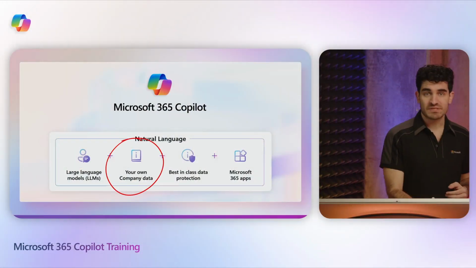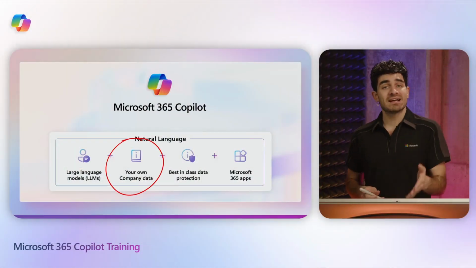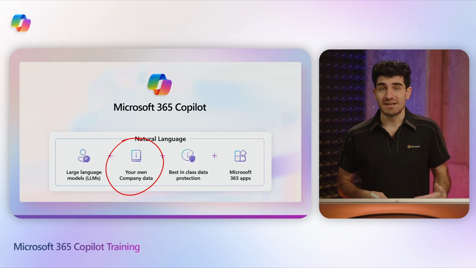In the past, interacting with computers required a knowledge of code and a rigid and structured way of communicating for the PC to understand. Now, with large language models and Copilot, you can use casual, conversational speech and it will intelligently understand you. This is the foundation of how Copilot works. Its capabilities are further enhanced with its integration into Microsoft 365, giving it access to your organization's data.